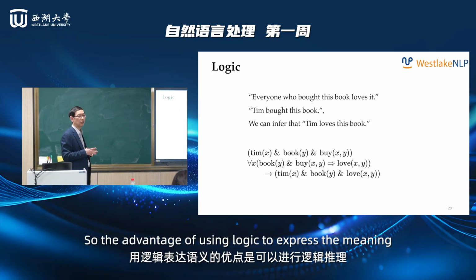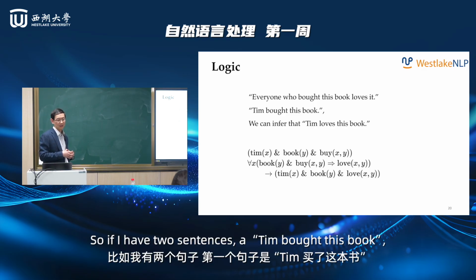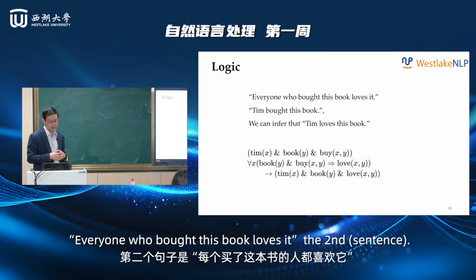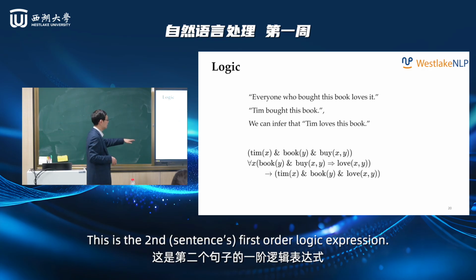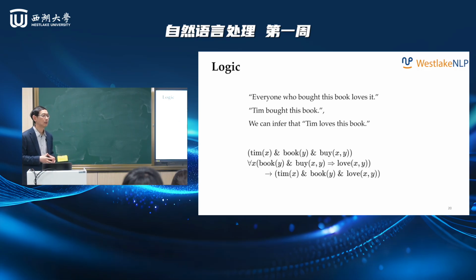So the advantage of using logic to express the meaning is that you can do logical inference. Right? So if I have two sentences, like Tim bought the book, okay? Everyone who bought the book loves it. The second, like this is the second first order logic expression, right? Anyone, if they bought the book, we can infer that they love it, okay?